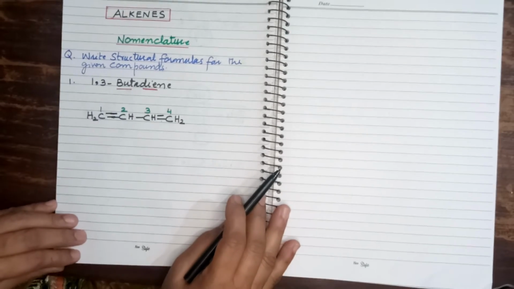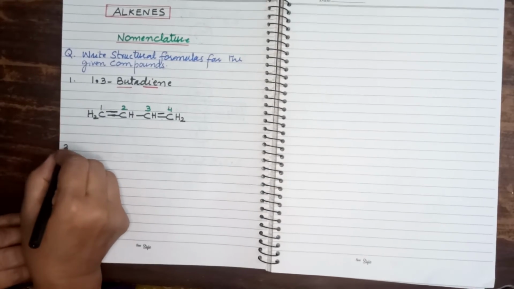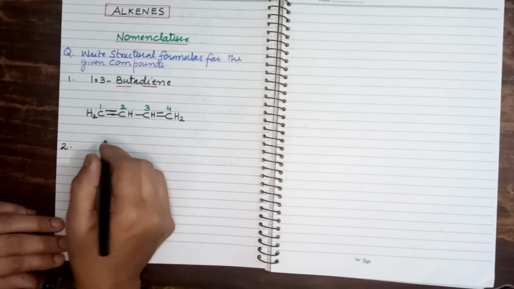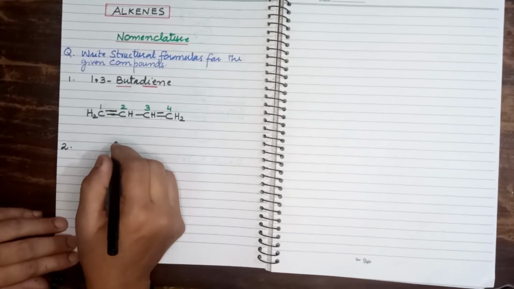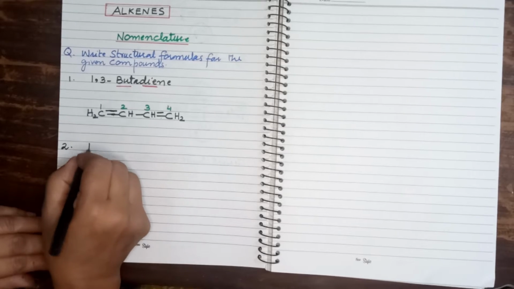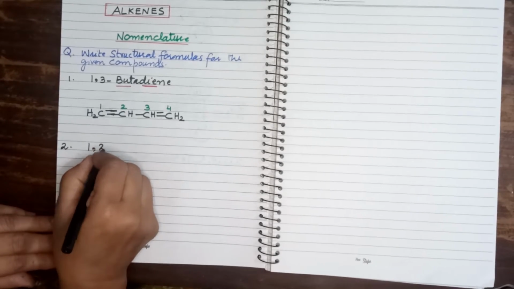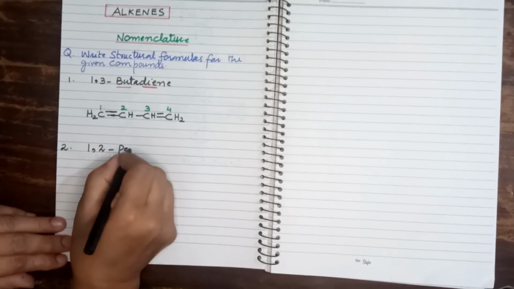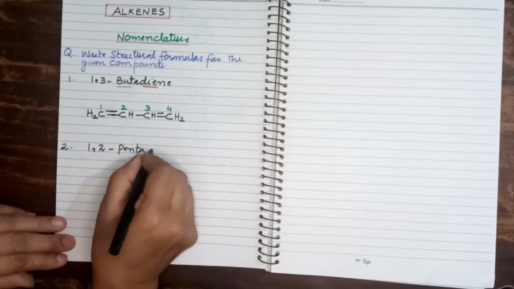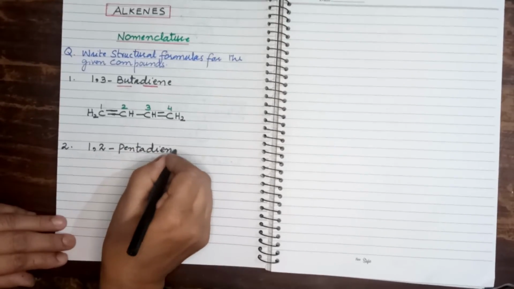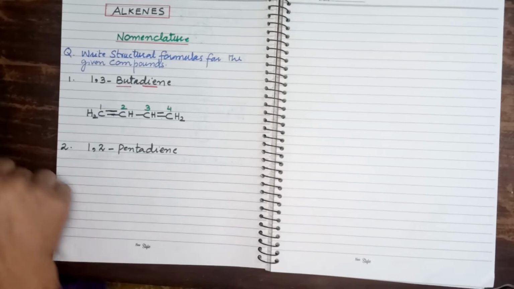Now let's see another compound. Another compound is given, that is 1,2-pentadiene. So what should we do first, students?